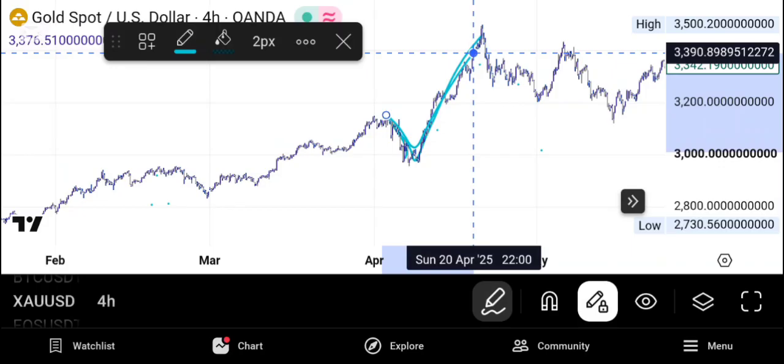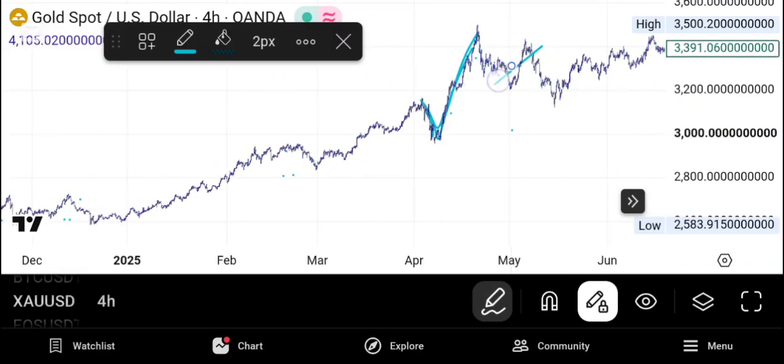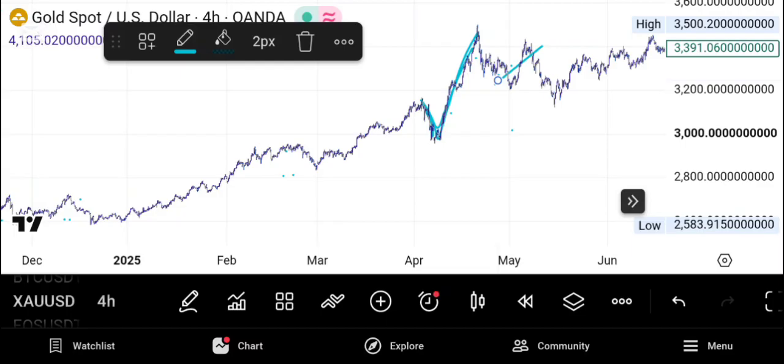Is what has already happened on the chart that we want to use in making our new decision.